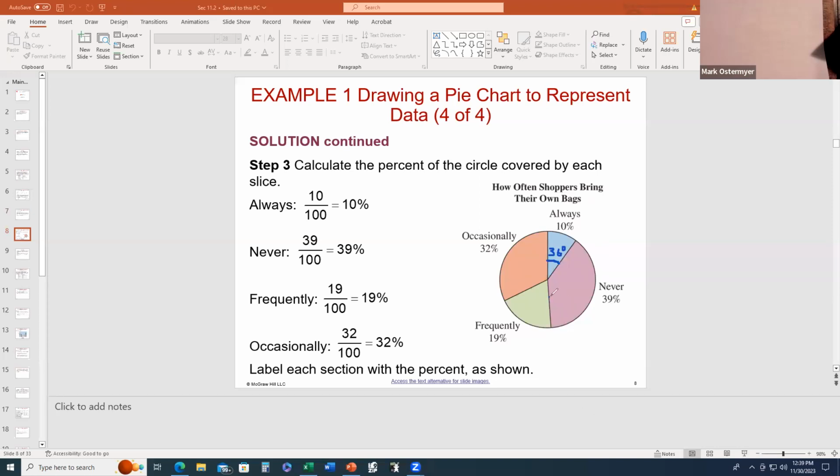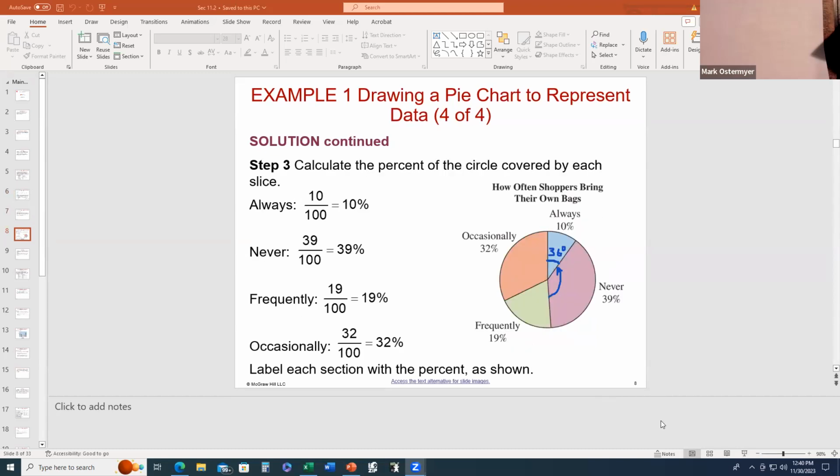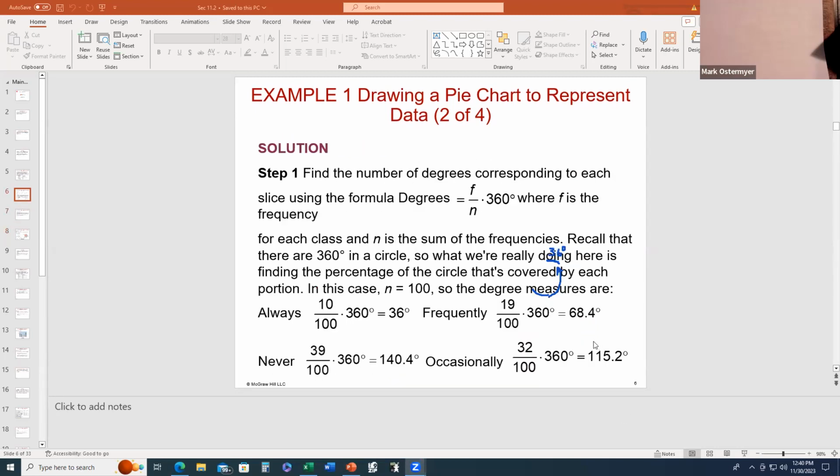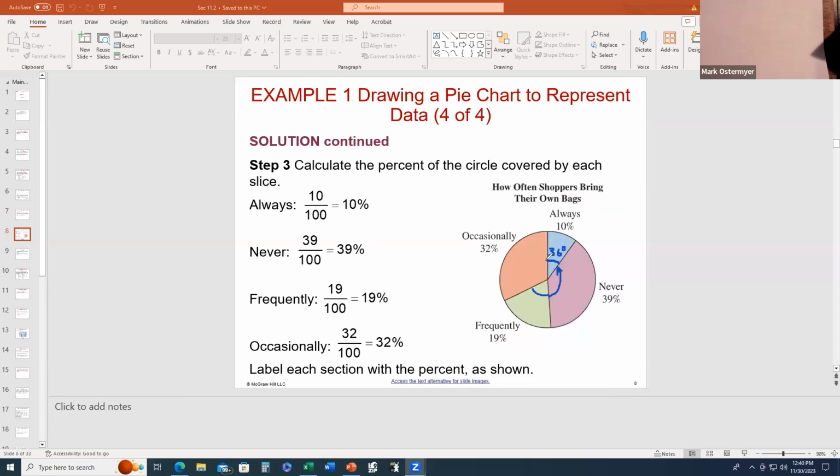So never, this angle here is an obtuse angle that measures 140.4 degrees. Frequently, what was its measure? 68.4 degrees was frequently. This is 68.4 degrees. And then occasionally consumes 115.2 degrees. So all these degree measures add up to 360 degrees.